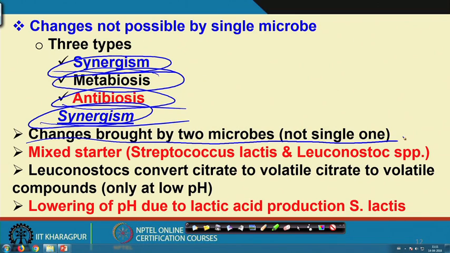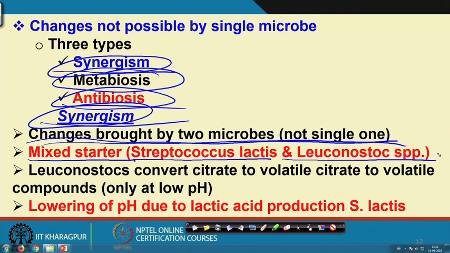It is done by more than one organism simultaneously, at the same condition, everything remaining the same, with two organisms residing together, like two friends staying together. For example, mixed starter, Streptococcus lactis and Leuconostoc species, can do this change simultaneously.